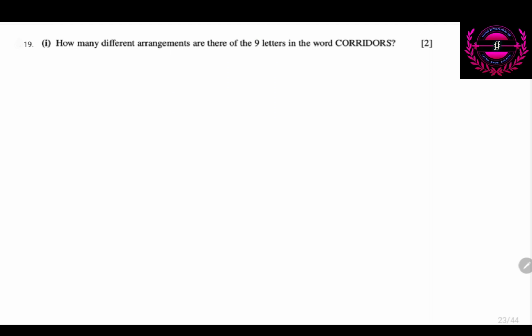Read question number 19. In how many different arrangements are possible of the 9 letters of the word corridors? So we have two O's, and we have three R's, and C, I, D, S. So 4 letters, 3 R, and 2 O's. 4 plus 3 is 7, plus 2 is 9.